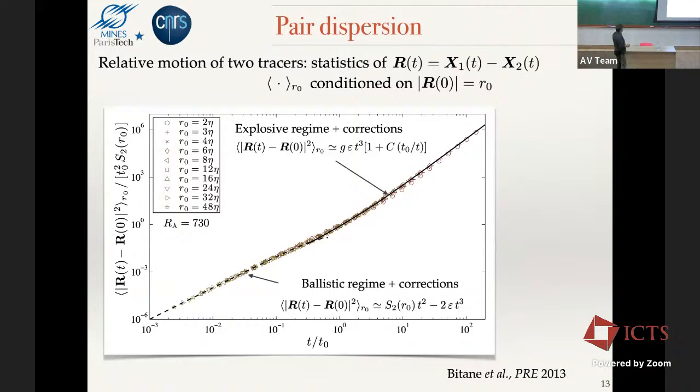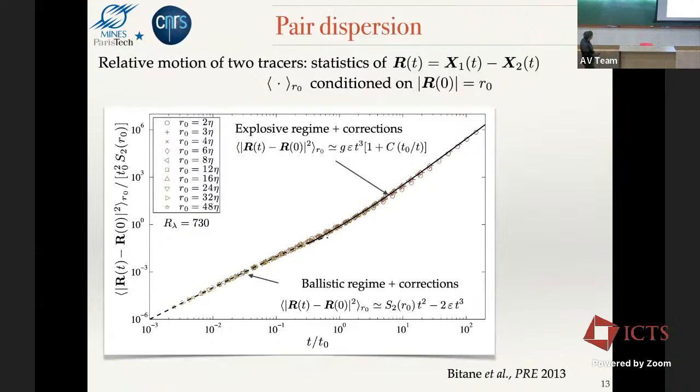So this is more or less the state of the art of what we observe here. Basically, this is R of t minus R0, squared. It's normalized the proper way in terms of t0, this initial ballistic regime, and the different symbols are different R0s, larger than eta, inside the inertial range.